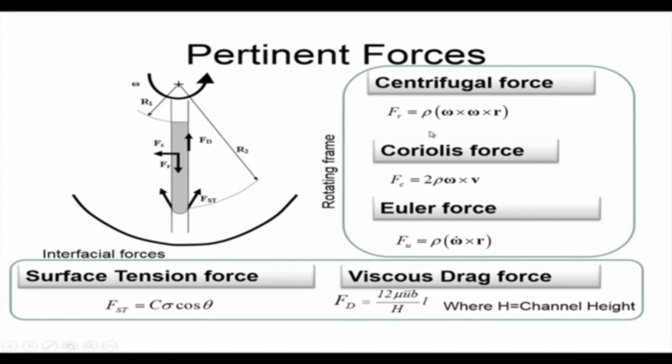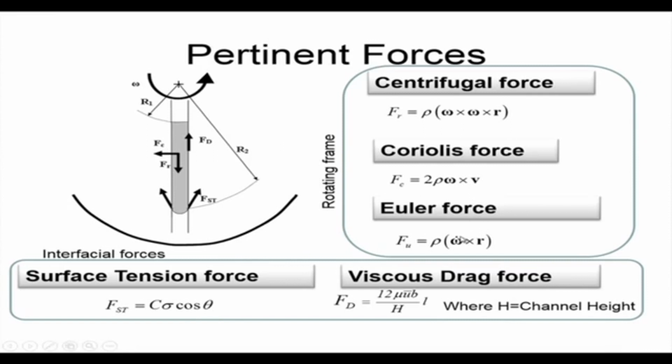There was one additional term because of the translation, that is d2 dt2 of r0, but that particular term is because of the translational component of acceleration, and that is not here. So you can see that you have a centrifugal force, a Coriolis force 2 omega cross v relative, and the Euler force rho omega dot cross r.